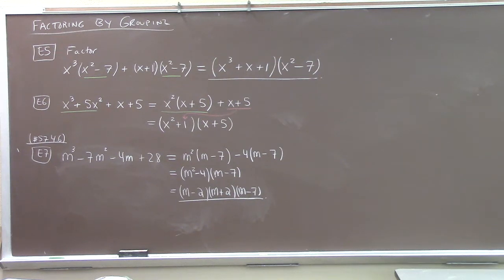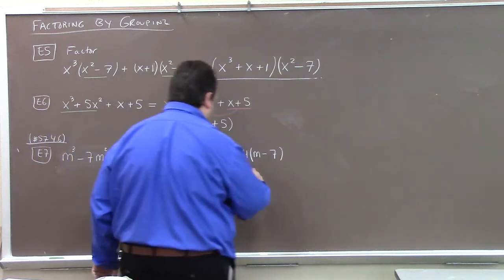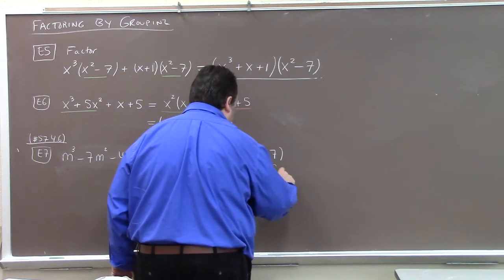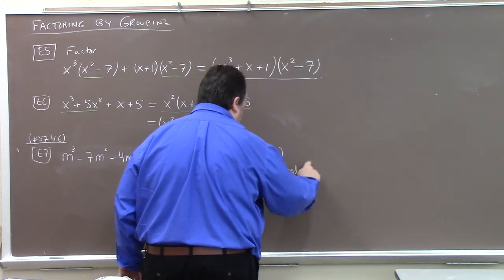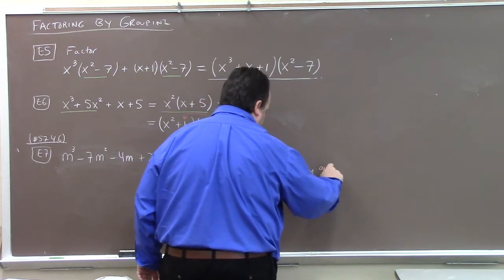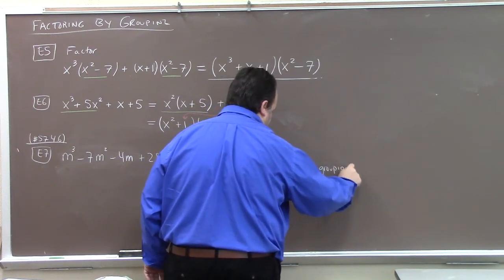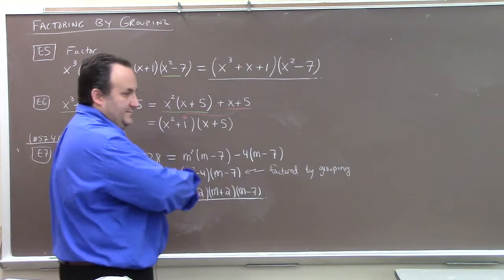I hopefully will be more clear on the test. On the test, it depends on the instructions. If I say factor completely over R, then you need to. At this point I've factored by grouping. If the instructions were just factor by grouping, I've done that.